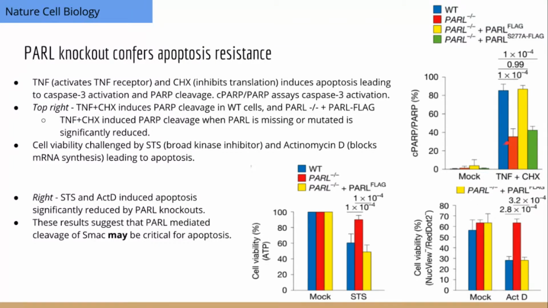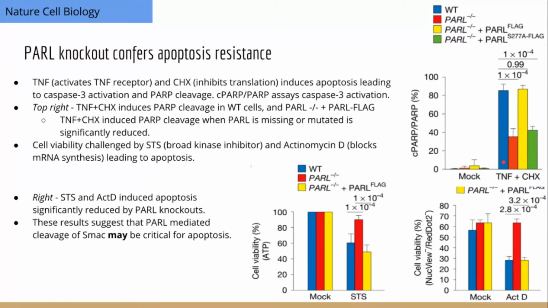And we see in these two PARL deficient conditions that there's significantly less cleaved PARP. About half as much PARP is cleaved compared to PARL wild type conditions in either the blue, which is complete wild type, or the yellow, which is flagged PARL that's been knocked in. And the condition is TNF-CHX.